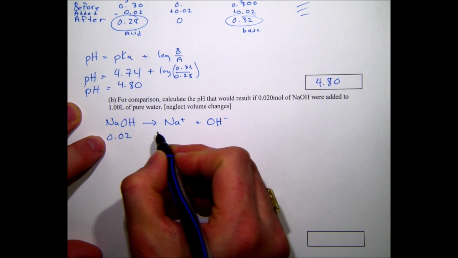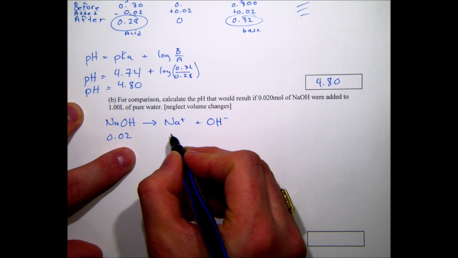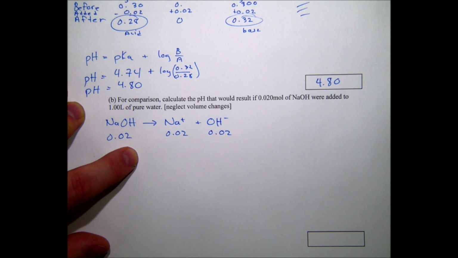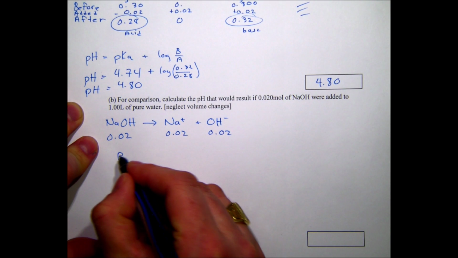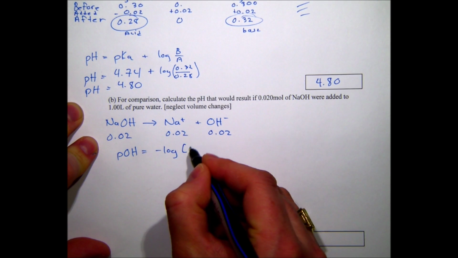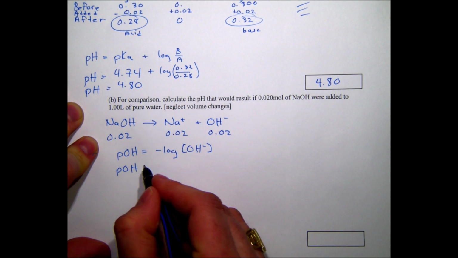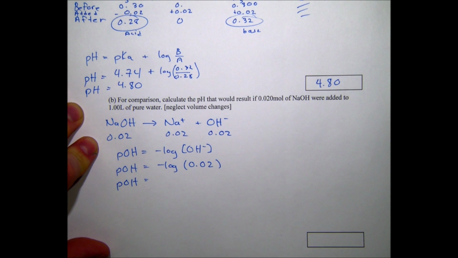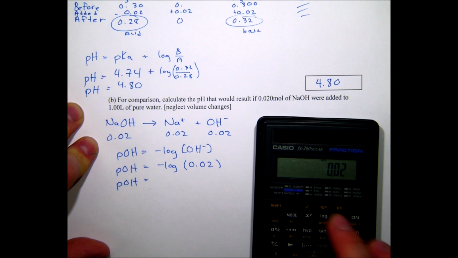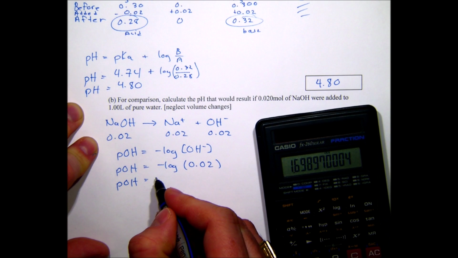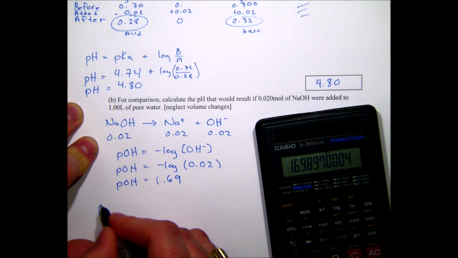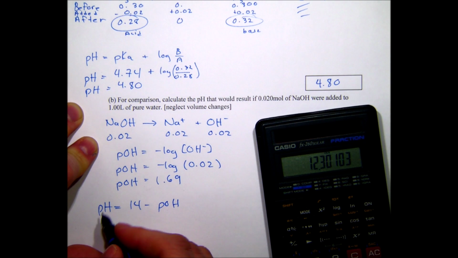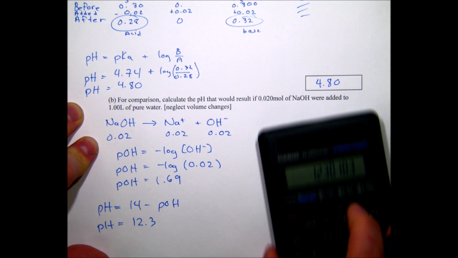And we end up with 0.02 moles of NaOH. pOH is equal to the negative log of the concentration of OH. pOH is equal to the negative log of 0.02. pOH is equal to 1.69. pH is equal to 14 minus pOH. pH is equal to 12.3.